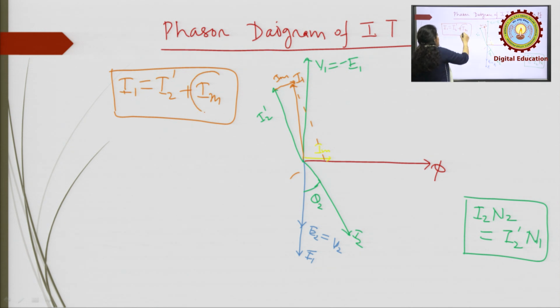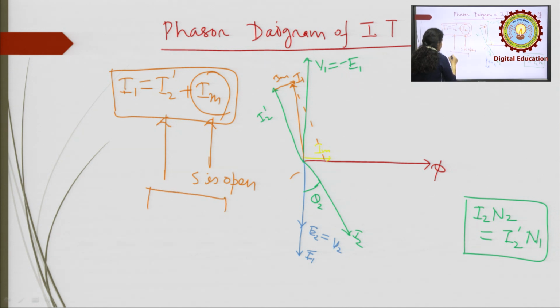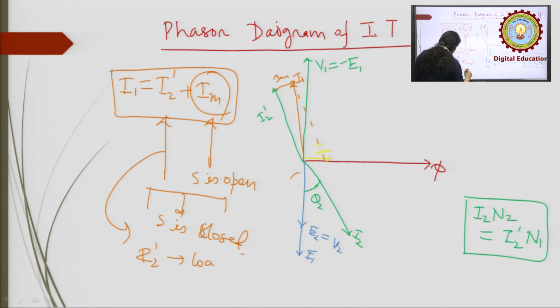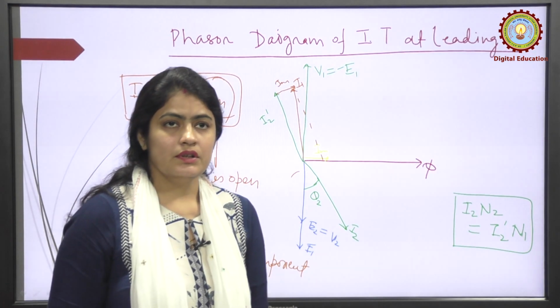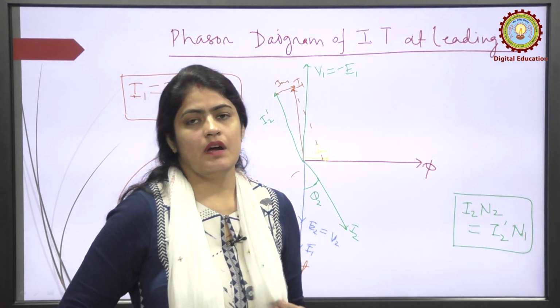So, this is the current when switch S is open, and both currents are present when the switch S is closed. So, this I2 dash becomes a loading component. It is called a loading component.